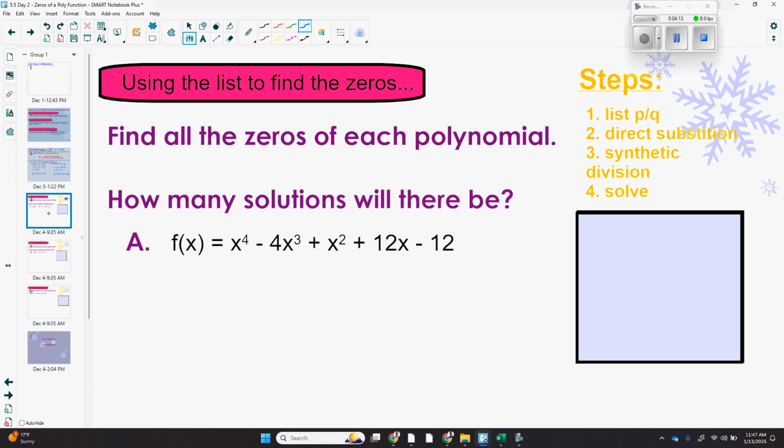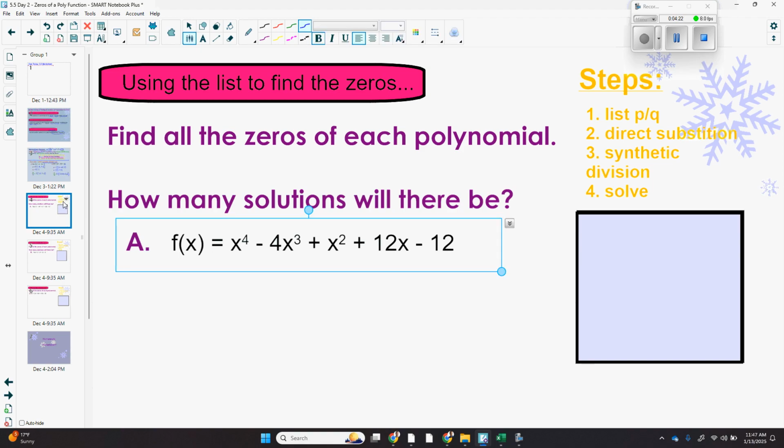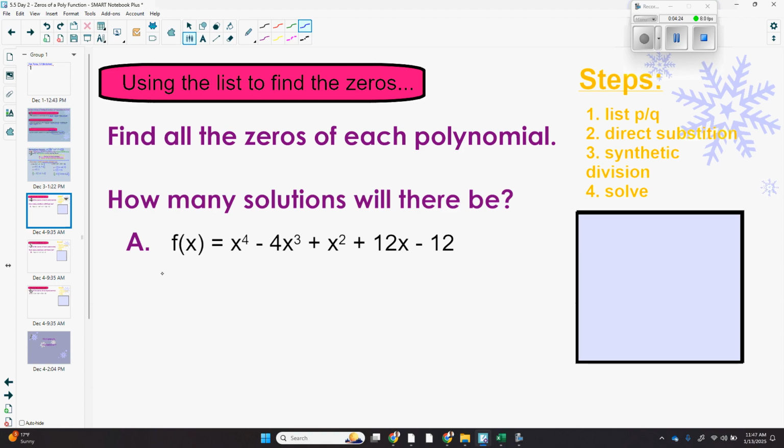So if I try a problem here, the letter A, it asks me to find the zeros of the polynomial. For my possibilities, p over q, the p is going to be all the factors of 12.